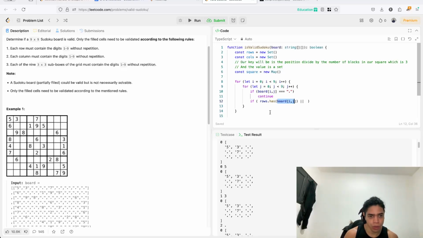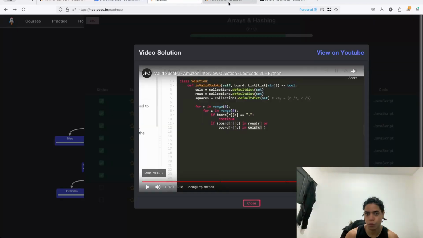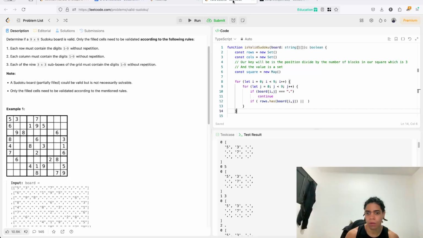Because here we are storing all of these values. So does this value exist in our row at this position?